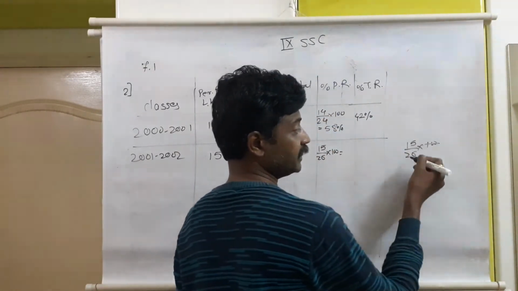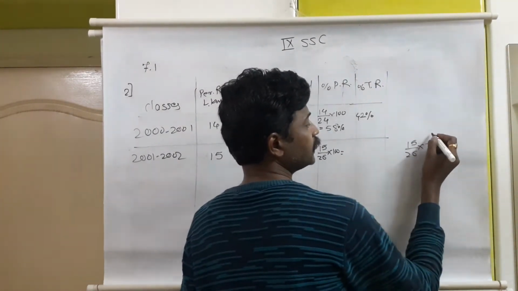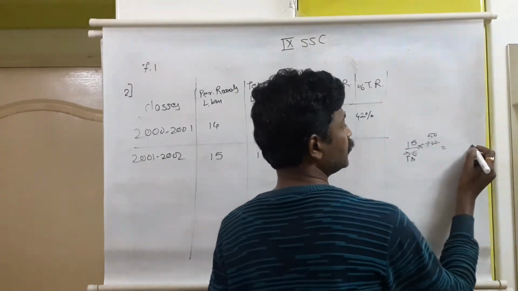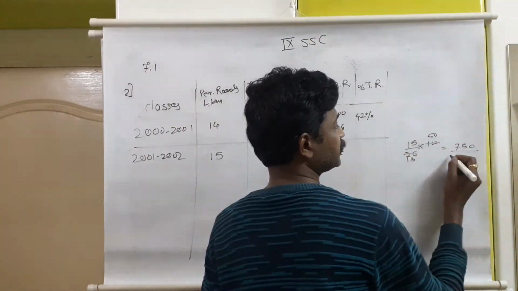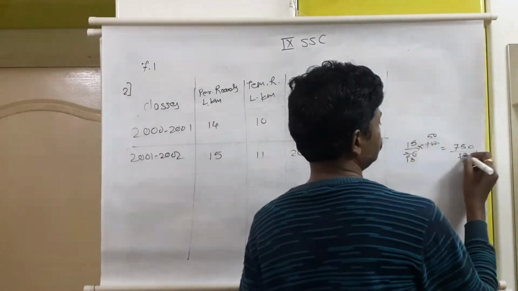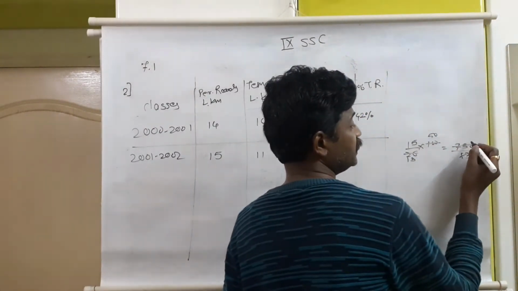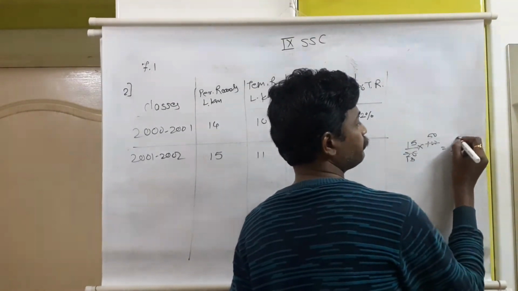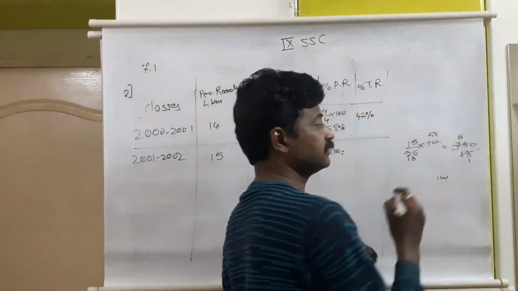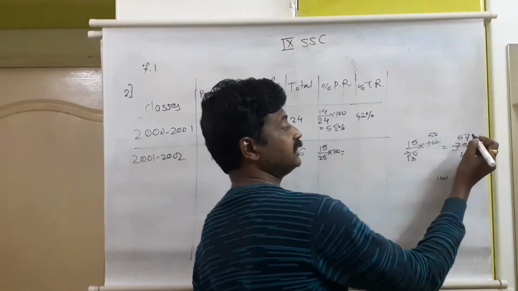Now 15 and 26 are not multiples of each other or multiples of the same number, so we can solve in this way. 2 50s are 100 and 2 13s are 26. 15 into 50, 0 as it is. 15 5s are 75, divided by 13. 750 divided by 13. 13 6s are 78. 13 5s are 65. Remainder is 10. 10 and this 0 will form 100. Then again 13 7s are 91.